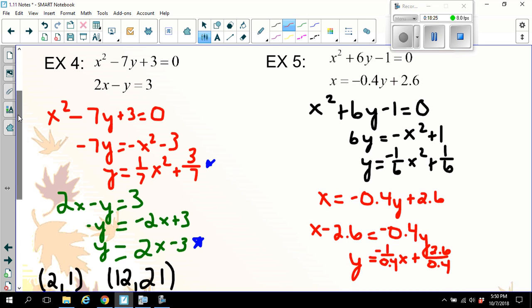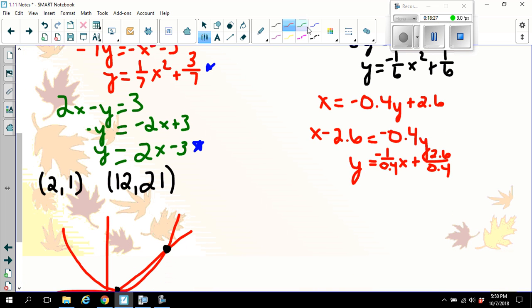So I'm going to scroll down so I can write my answers here. So the first solution set will be 3.23, comma, negative 1.57. And don't forget to write your answers as ordered pairs because you're finding the point where the two graphs intersect.